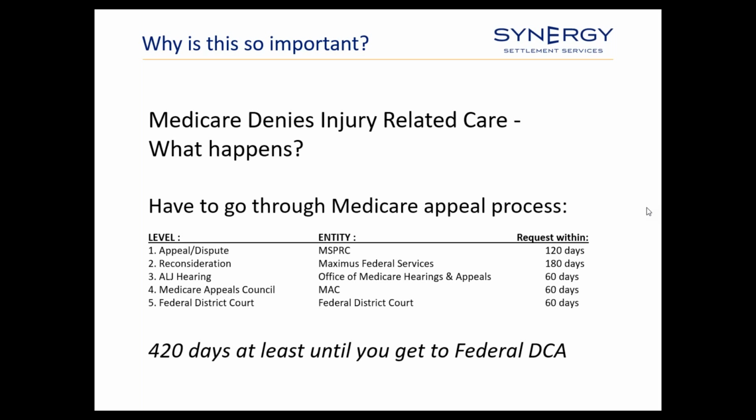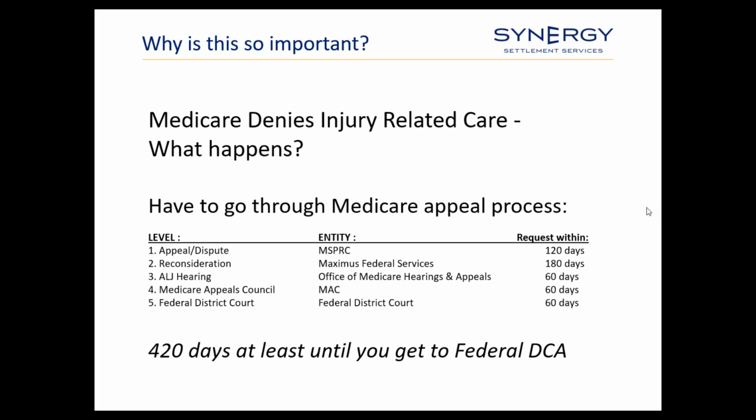So if someone goes to the hospital, goes through the process of billing Medicare, and finds out that there's a legal settlement and Medicare wants to deny that coverage, the underlying beneficiary is going to take about 400 to 450 days to be able to get back to that treatment. So there's an appeal and dispute, a reconsideration, the hearing, and the appeals in the federal district court. All of them have different times when they will actually go through that process with the beneficiary.